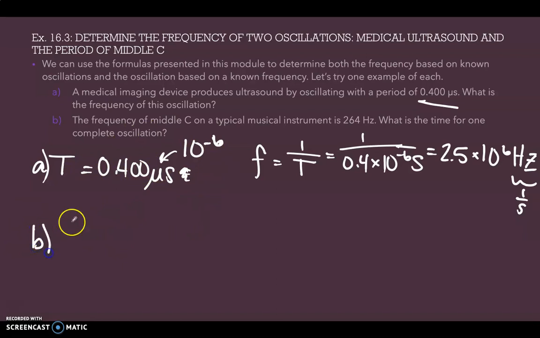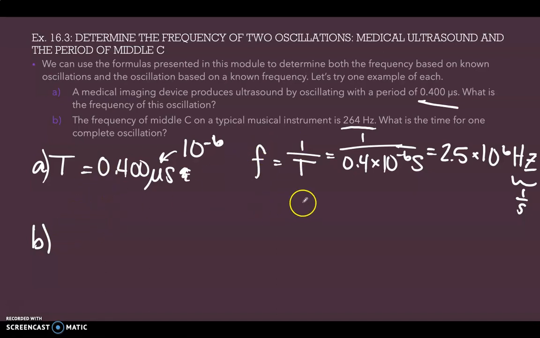Now looking at part B, it asks: the frequency of middle C on a typical musical instrument is 264 hertz. What is the time for one complete oscillation? Remember that one complete oscillation is the period.